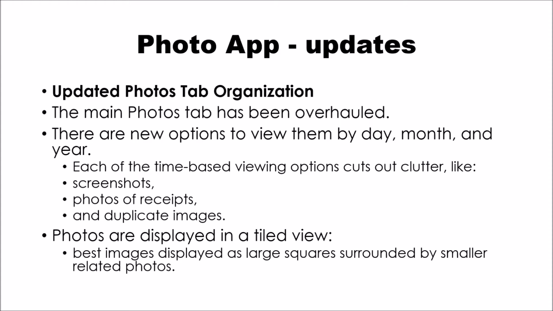So it's different when you go to look at your photos. Just the other day, I took a picture and I knew that it went into my photos, and I had a little trouble finding it until I could get used to the new displays that they have associated with the app.